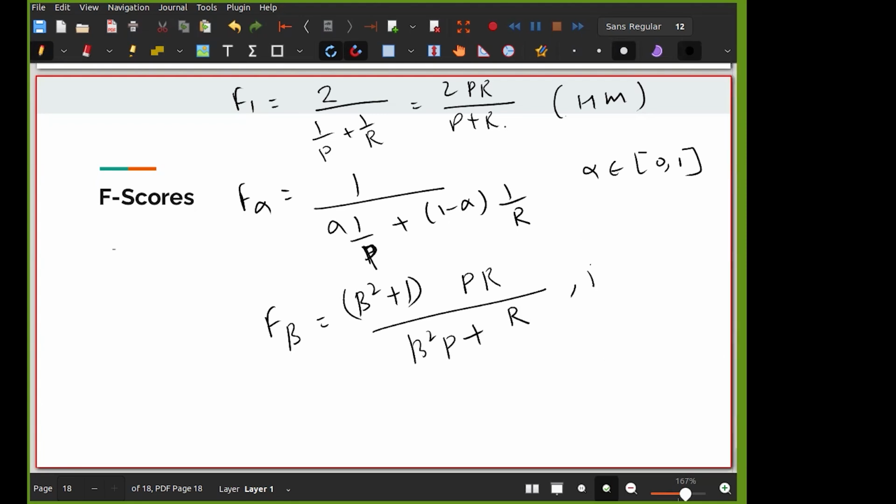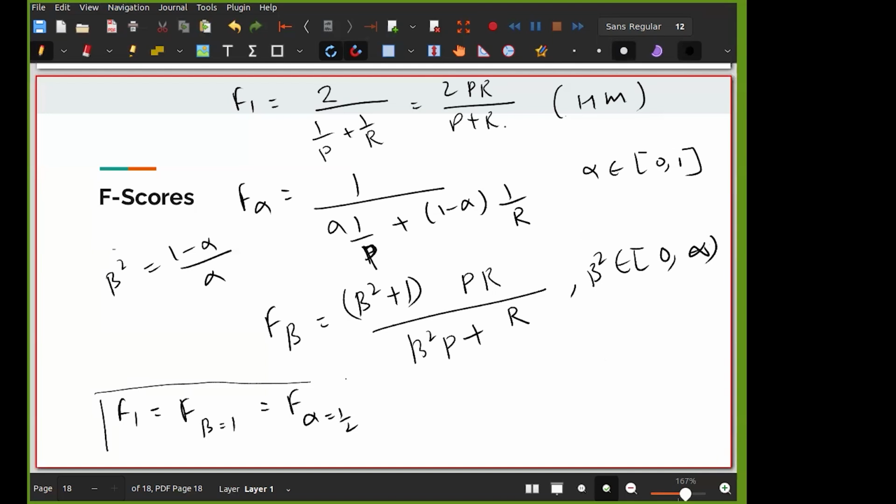And here, beta square is between 0 and infinity. And there's also a relationship between F alpha and F beta, which is beta square equals (1 minus alpha) by alpha. So anyways, F1 score is equal to F beta with beta equal to 1, or F alpha with alpha equal to half. This is my F1 score.